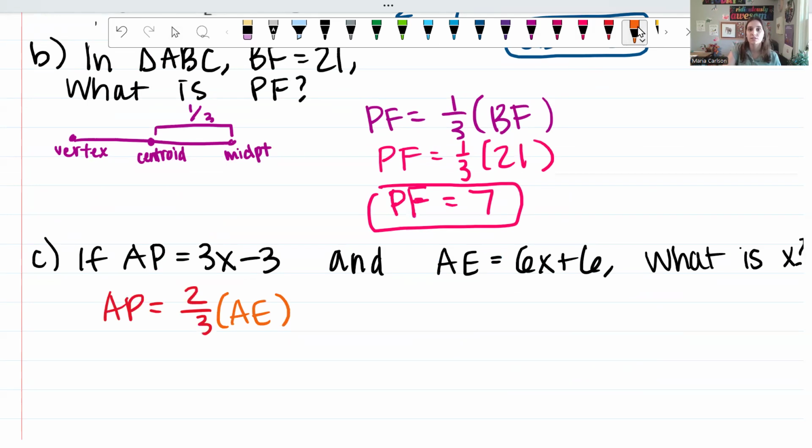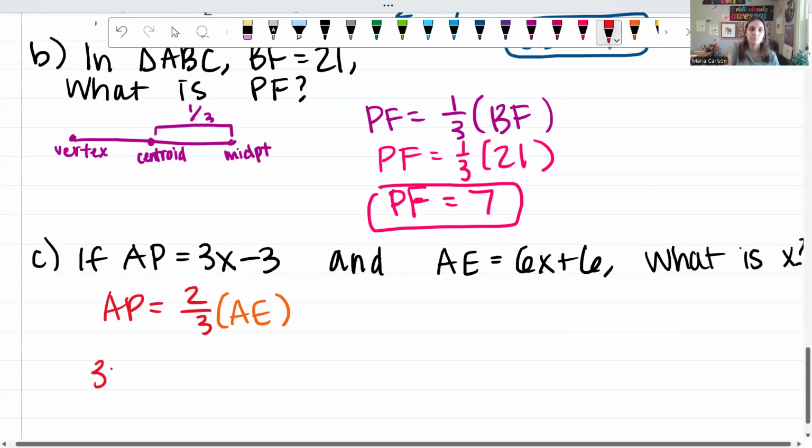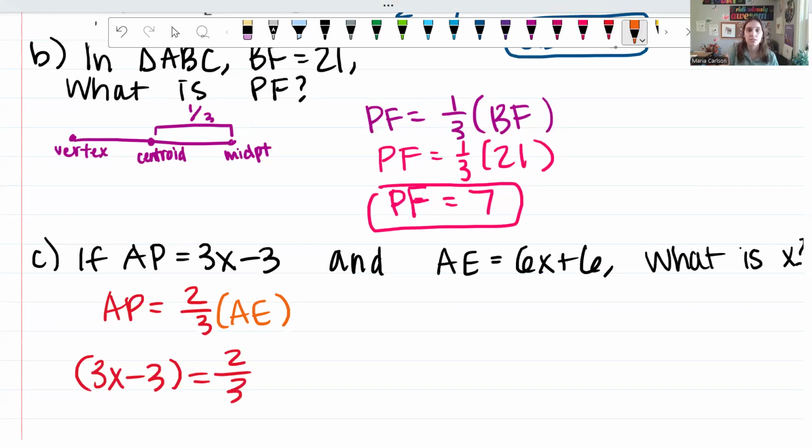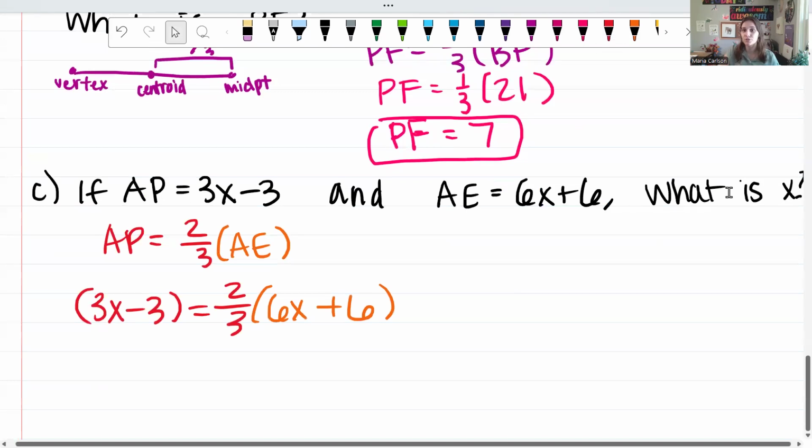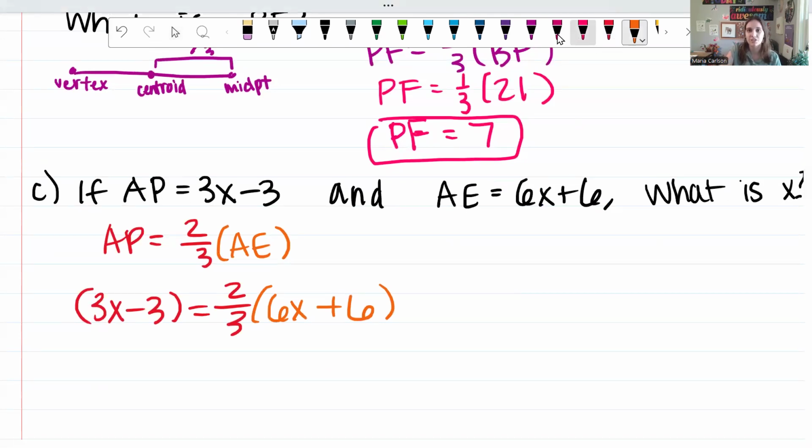So AP, that is 3x minus 3, and that is equal to 2/3 of 6x plus 6. Now I can distribute the 2/3. It's just a number. So I'm going to distribute the 2/3 to the 6x and to the 6. Nothing changes with the other side, so I still have the 3x minus 3.